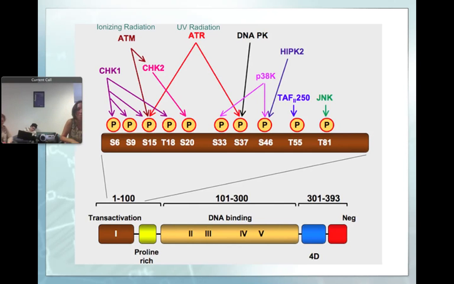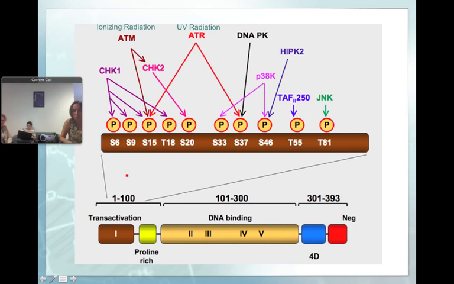So here are some examples. Here's P53. It has a transactivating region. That's the region that binds to other transcription factors and tethers the polymerase. It's got the part that holds it to the DNA. It's got negative regulatory regions, and then it's got other binding regions for other proteins.